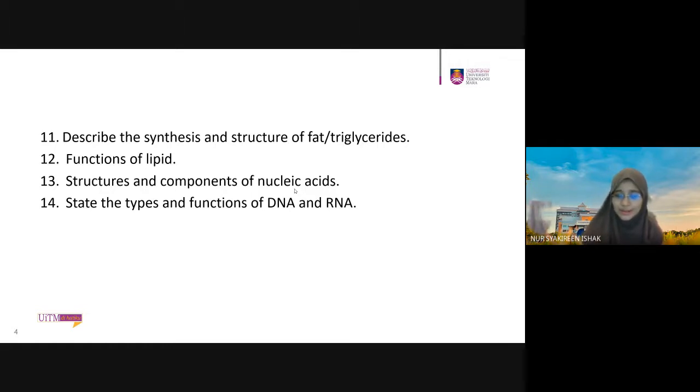So this RNA will migrate out of the nucleus through the nuclear pore, and then enters into the cytoplasm. Within that cytoplasm, it will find the organelle, what do you call it, ribosome.